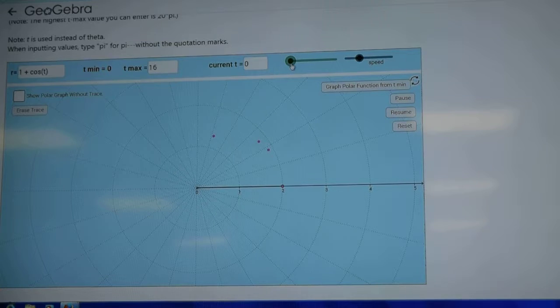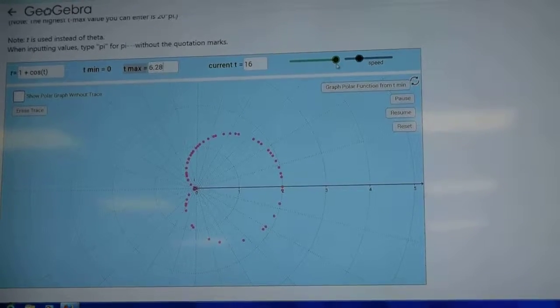As I move around, it's plotting, just like that, okay? It's going to 16. Actually, you should just go up till 2 pi. 2 times 3.14, 6.28, okay, 6.28. I'll just go there.